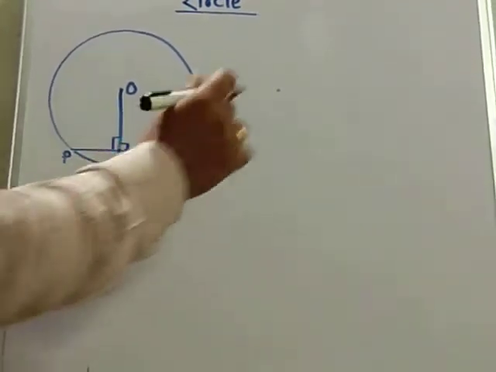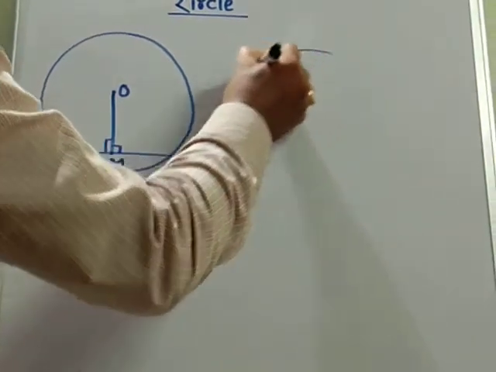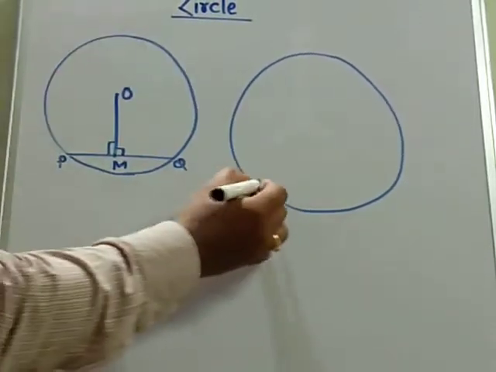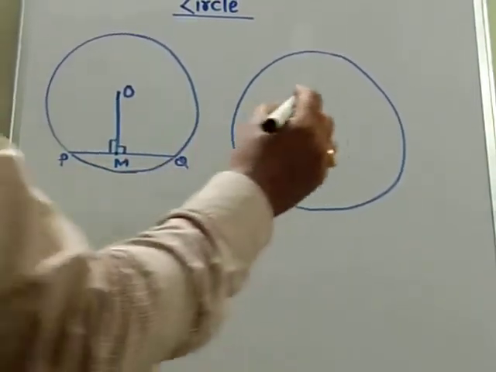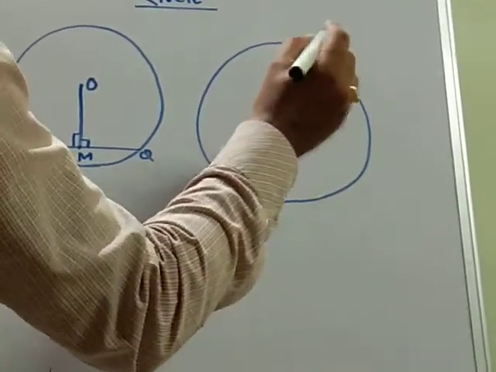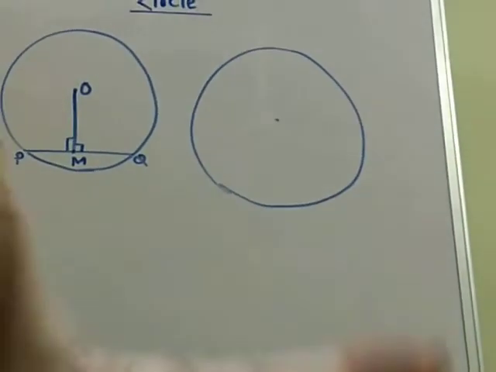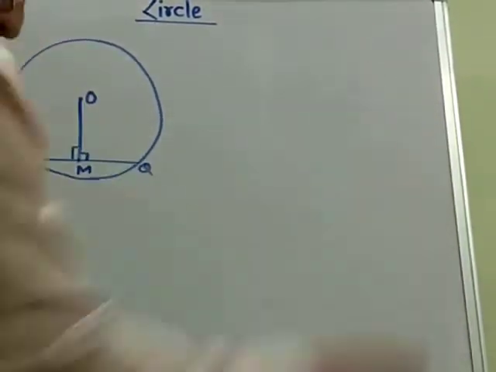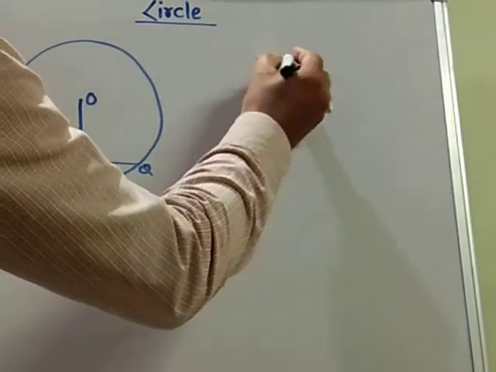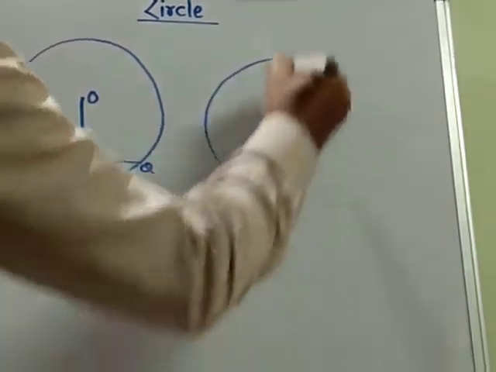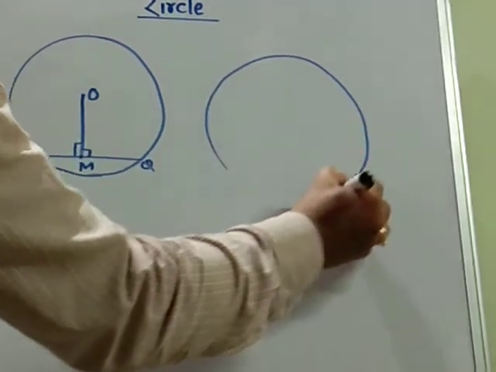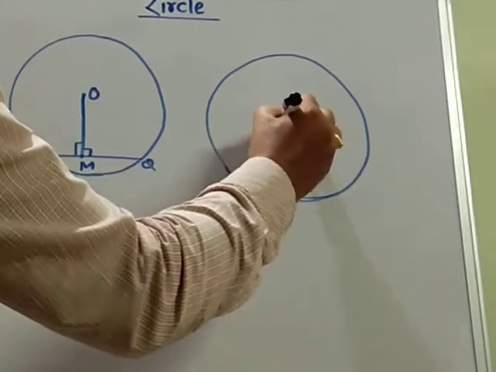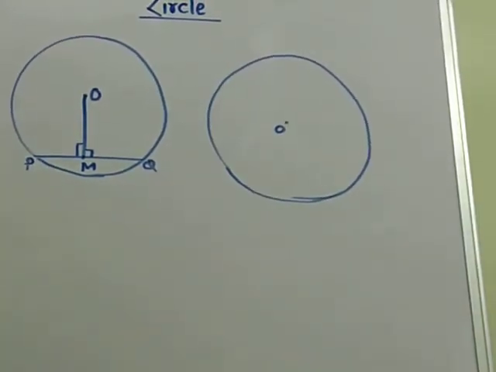The third property: suppose this is a circle with center O. My drawing is not perfect, but I try to make it clear.